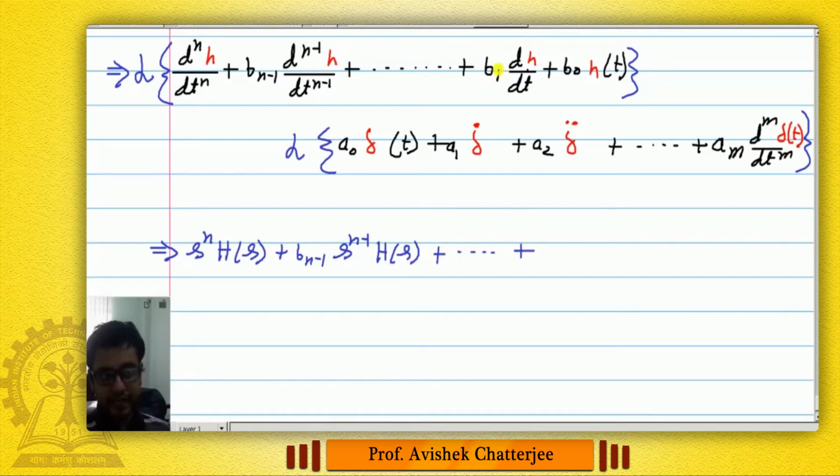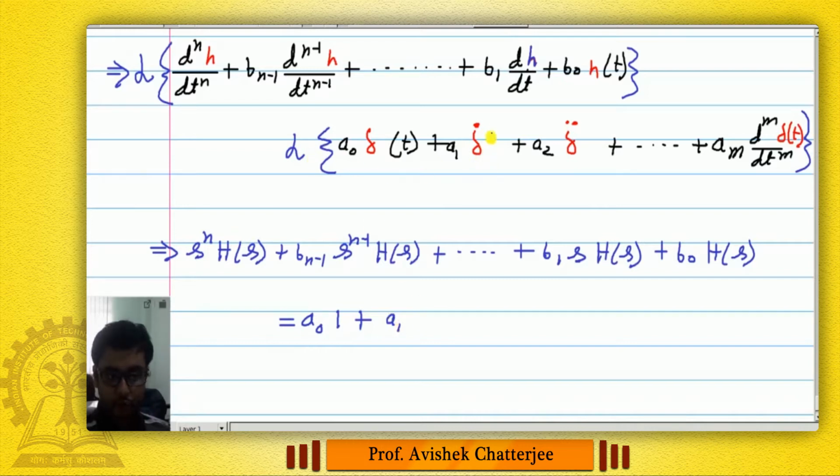Here we will get b_1 constant, then this is the first derivative of h, so that will be s multiplied with capital H(s), and here we will get b_0 capital H(s), and the right side will be a_0 constant. Laplace transform of delta is 1, plus a_1 constant.